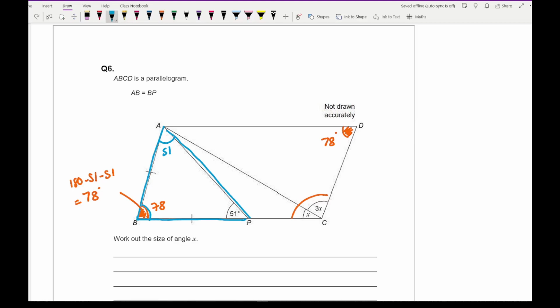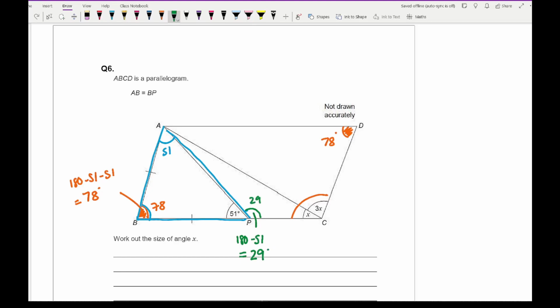Then let's have a look at the next one. So from this, I can then work out what this angle here is going to be. So let's just use different colours. So this angle here is going to be 180 minus 51, which gives me an answer of 29 degrees.